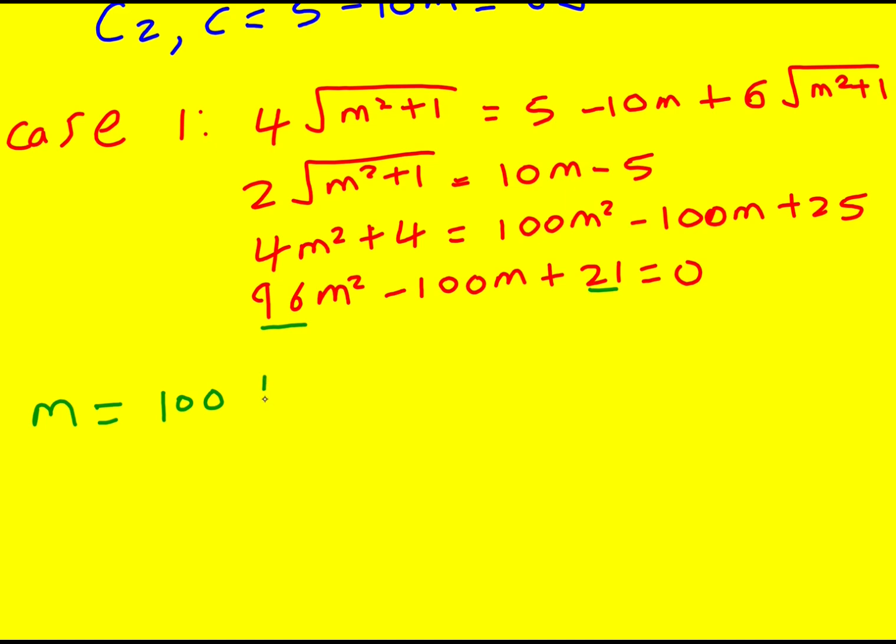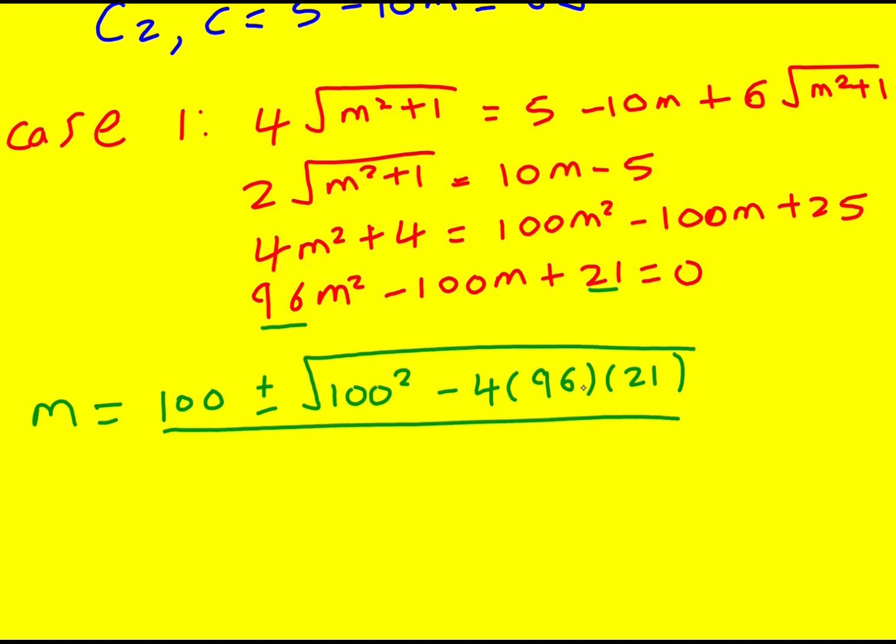So I've got minus b plus or minus the square root of b squared, I'm just going to write 100 squared here, minus 4 times 96 times 21, all over 2 times 96. Now, I definitely want to make our life as easy as possible here. There is a common factor of 4 squared that goes into 100 squared.